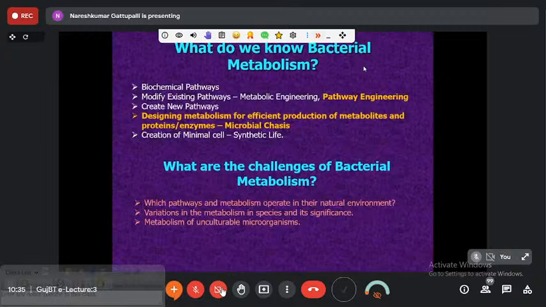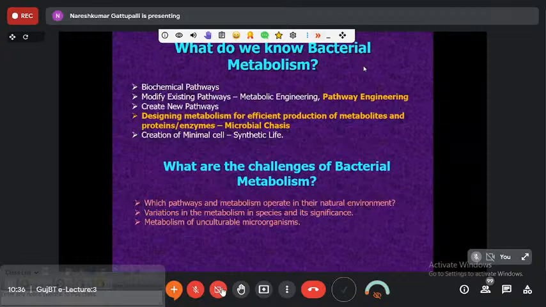And we are also able to create new pathways. And the next level, what people are doing, because our knowledge is so much, we are designing the microorganisms to do specific purposes. So using the microbial system to produce various products, metabolites, and everything of commercial benefit.